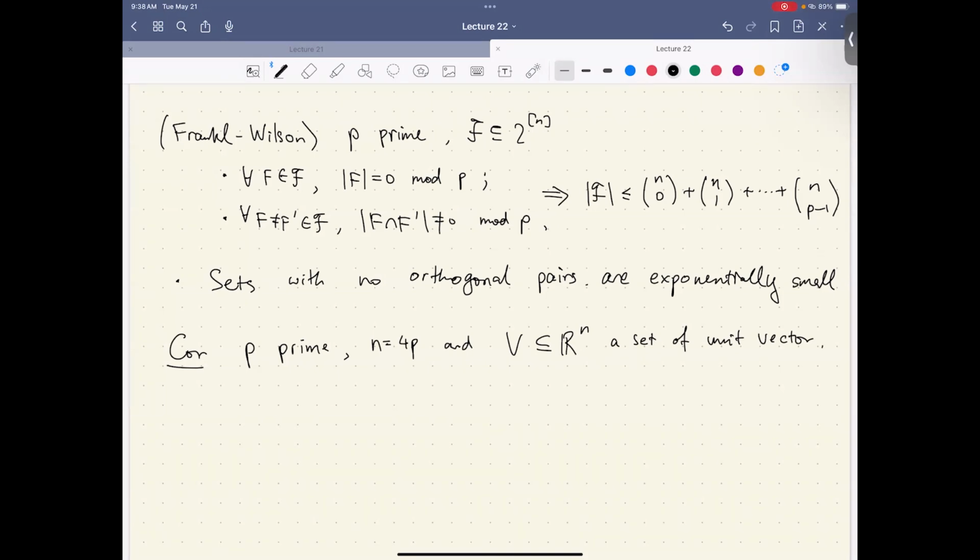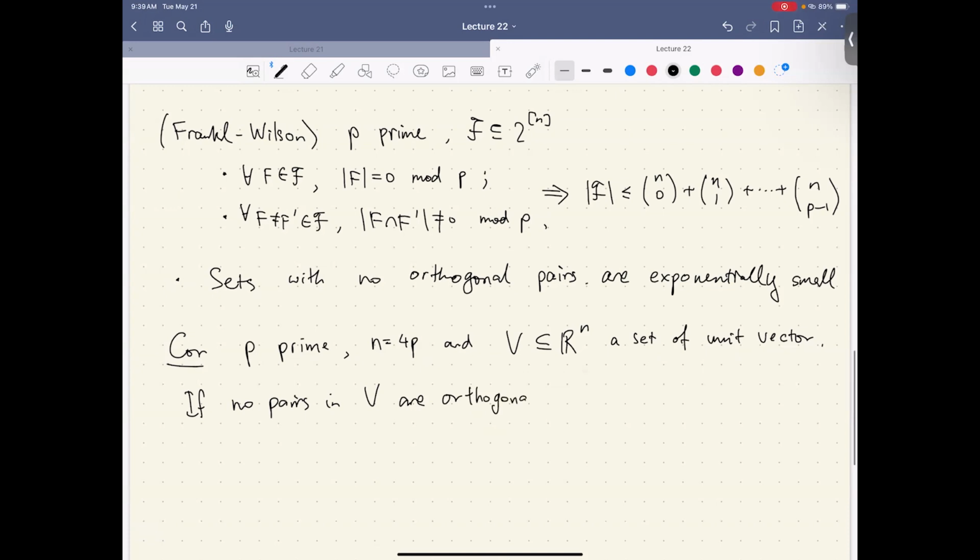If we require that V does not contain a pair that are orthogonal, how large can it be? If no pairs in V are orthogonal, then the measure mu of V is exponentially small, exponential in n, of course.